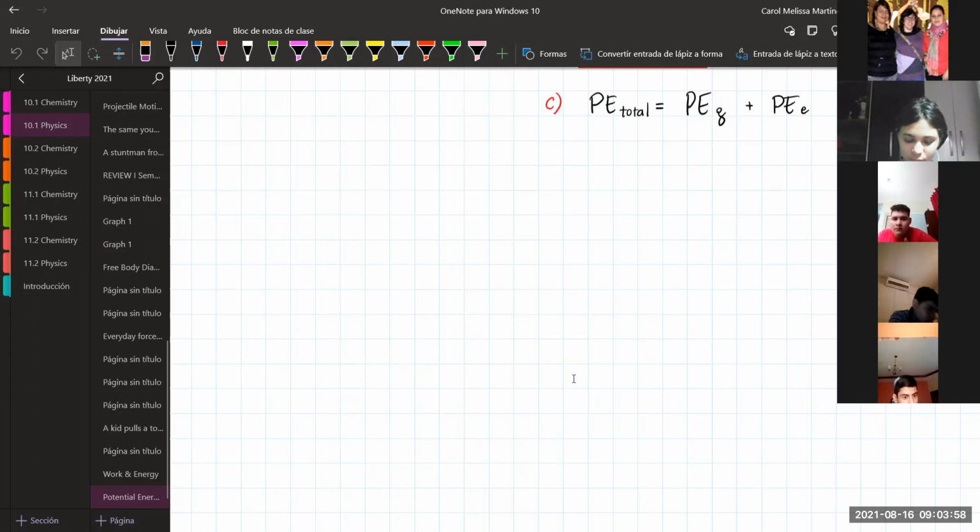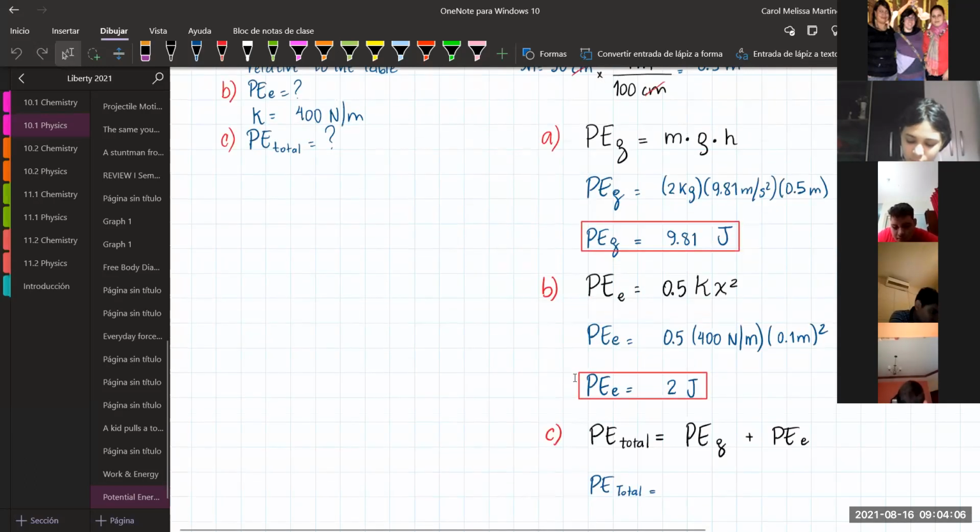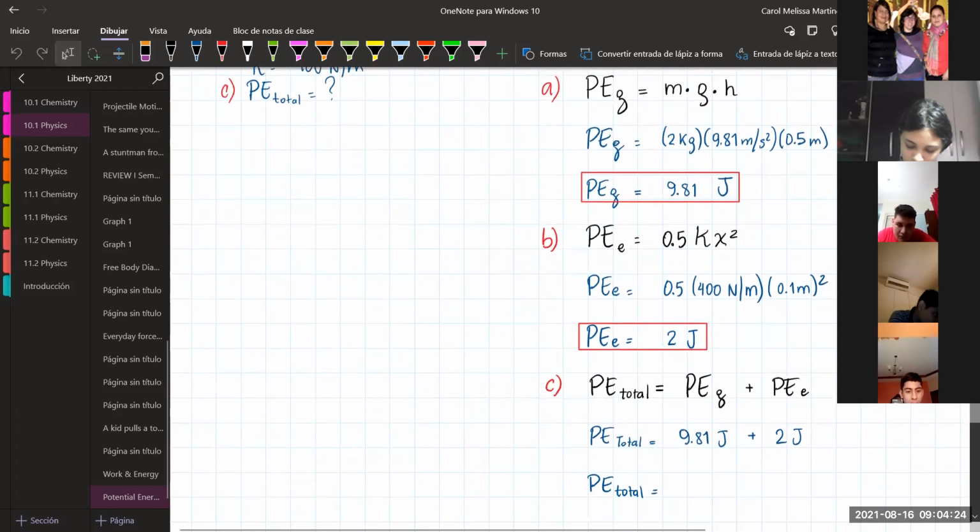I input the givens. Gravitational, we got 9.81 joules, and elastic, we got 2 joules. In total, you get how much? 11.81 joules.